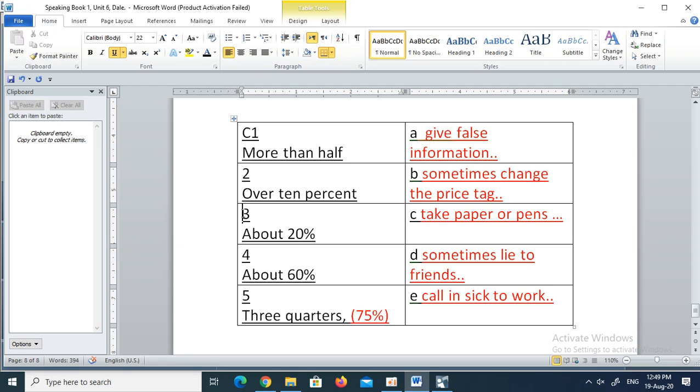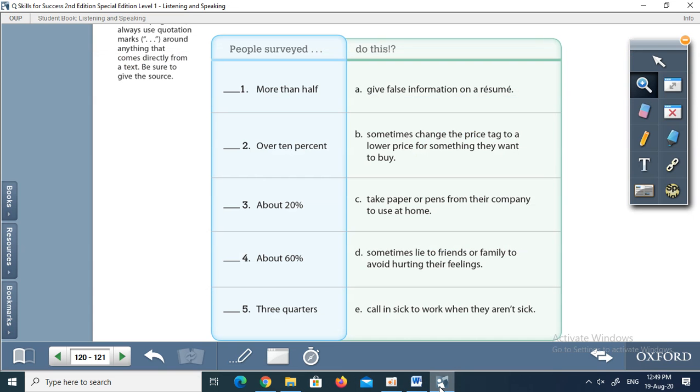Okay, moving on to number 3. About 20% give false information on a resume. Again, take the correct letter from here and write it in next to number 3.